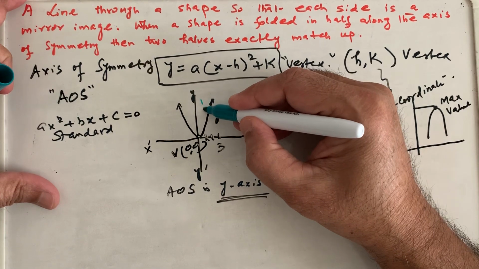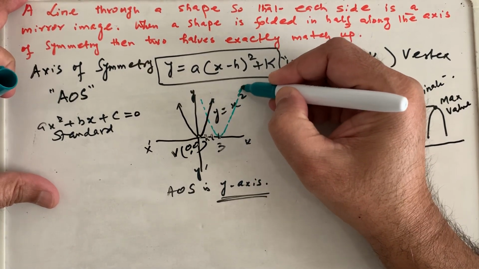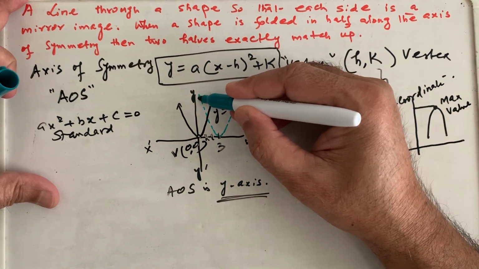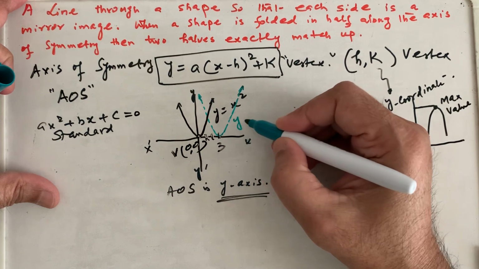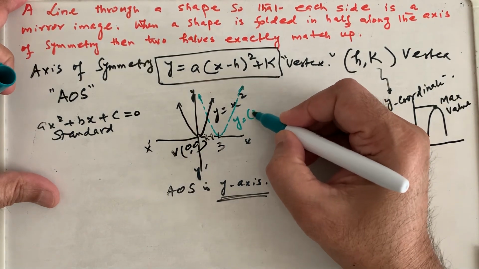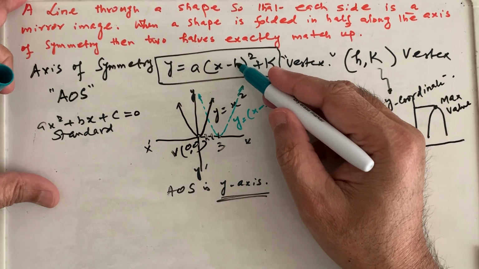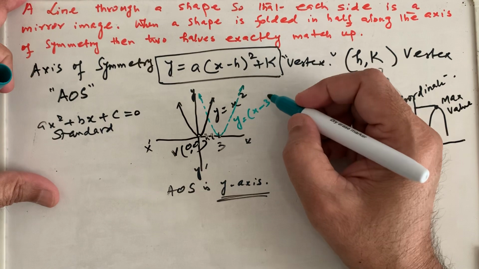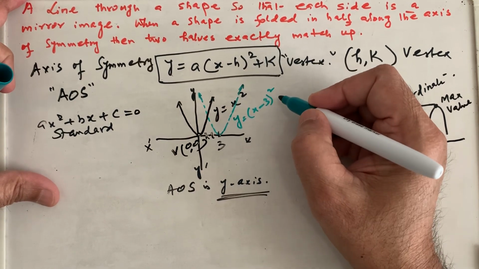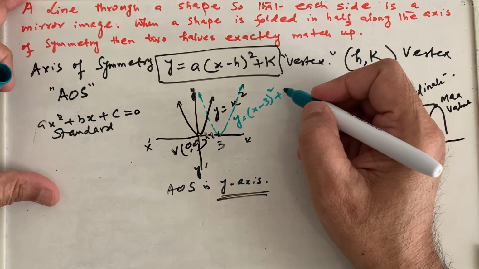This is my new parabola, and now my equation is y equals (x minus 3) whole square, because h is 3 and positive, so it stays as x minus 3. And k is still nothing.